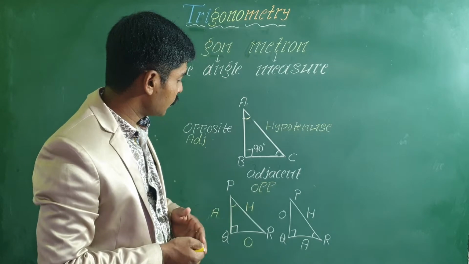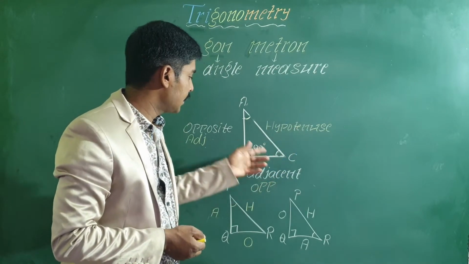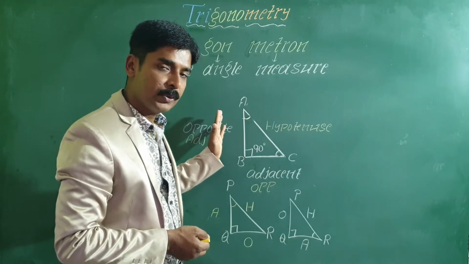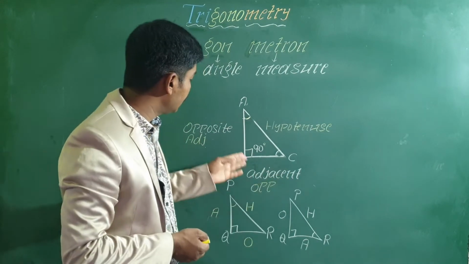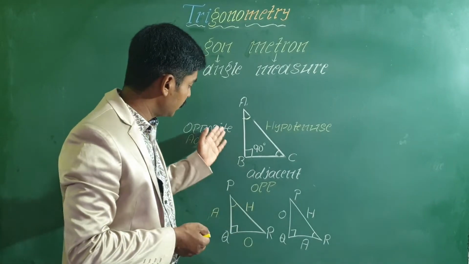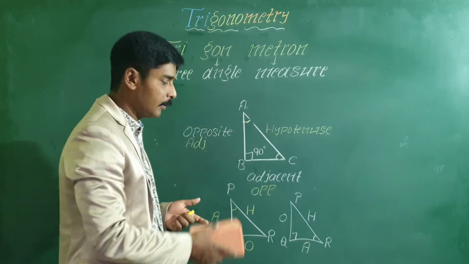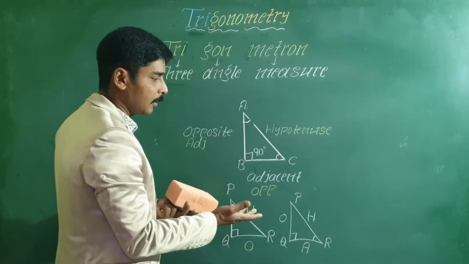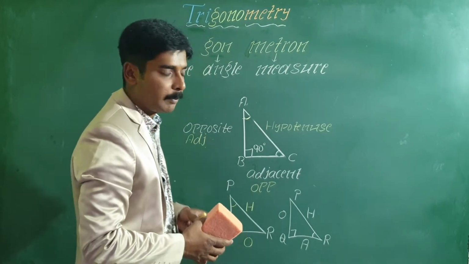In your textbooks you might see the words like hypotenuse, base and perpendicular. Don't get confused. The base we call the adjacent side and the opposite side we call perpendicular. That's all. So if you learn this way also, it is not going to create any problem. You can learn it either way, but don't get confused.